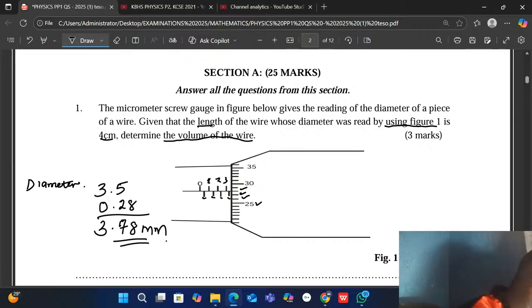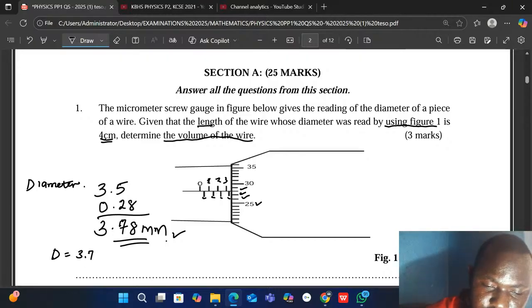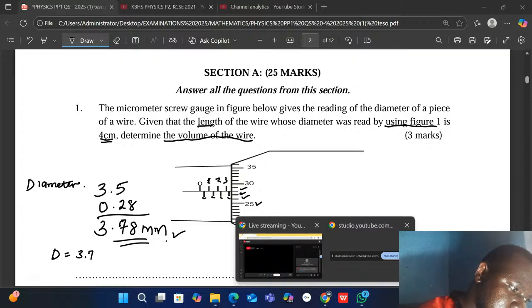Now this one is giving us the diameter in millimeters. We are having a length in centimeters.